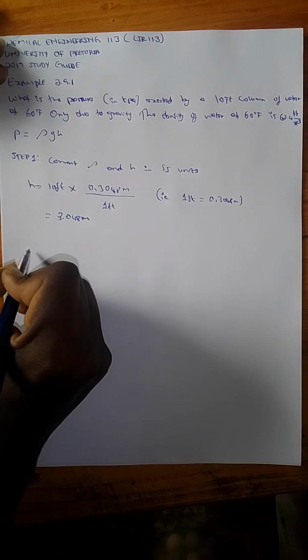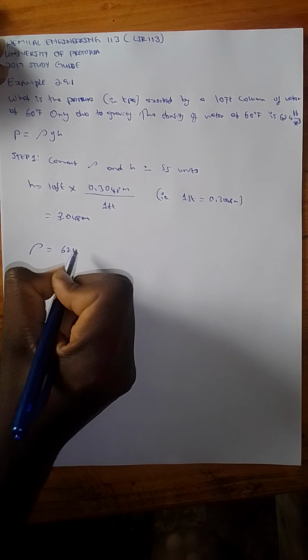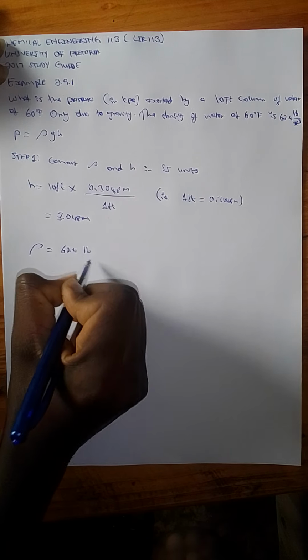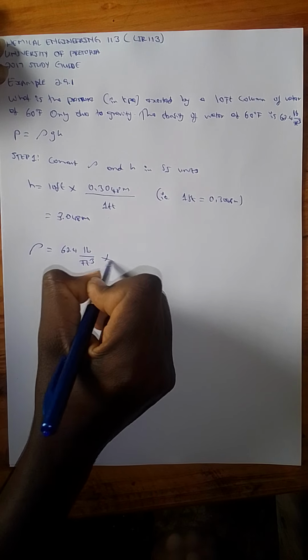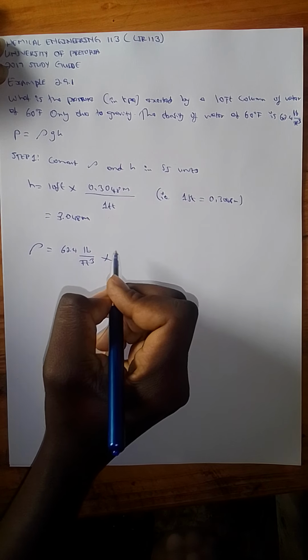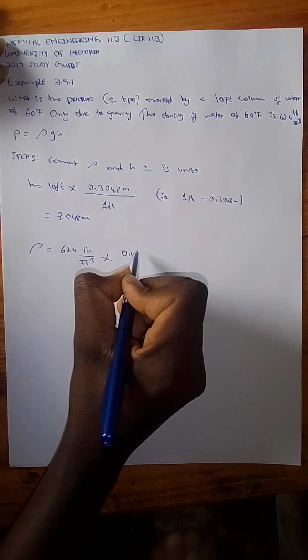Moving forward, our rho, which is our density, we know to be 62.4 pounds per feet cubed. As we convert it, the first thing we convert is our mass.